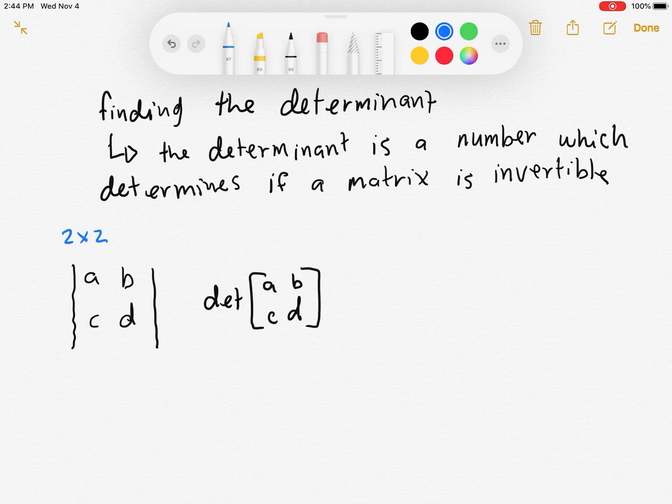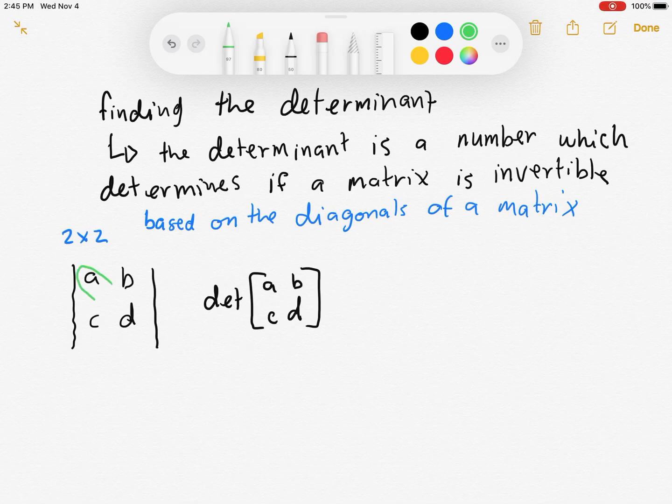Determinants are based on the diagonals of a matrix. In this case, notice we have our main diagonal, which I'm going to circle in green, and there is only one other diagonal in the matrix.